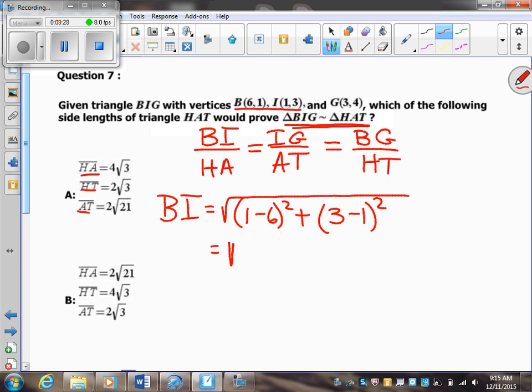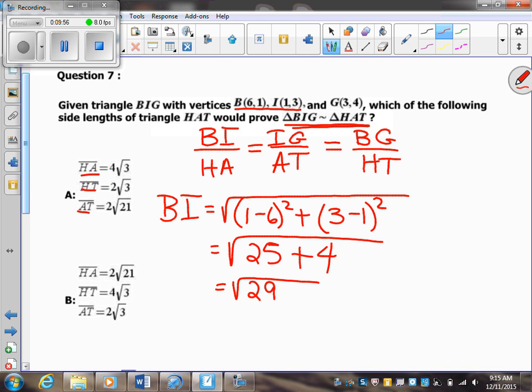Then it equals 1 minus 6 is negative 5. Negative 5 squared is 25. That's something you have to be careful with, because negative 5 times negative 5 is going to give you positive 25. 3 minus 1 is 2. 2 squared is going to be 4. So this is going to give you 25 plus 4, which is the square root of 29.